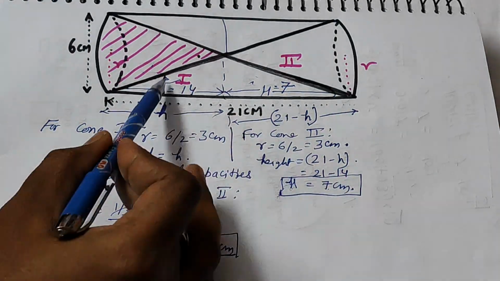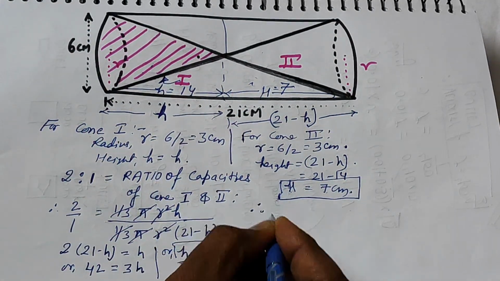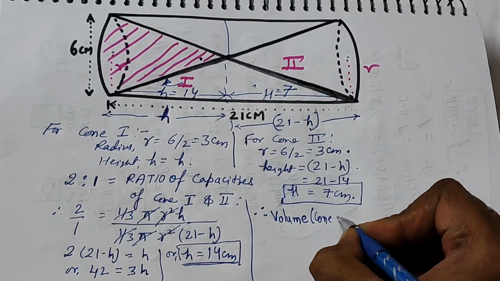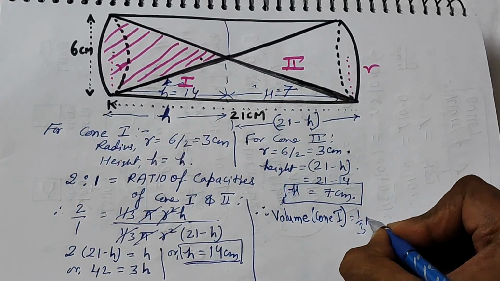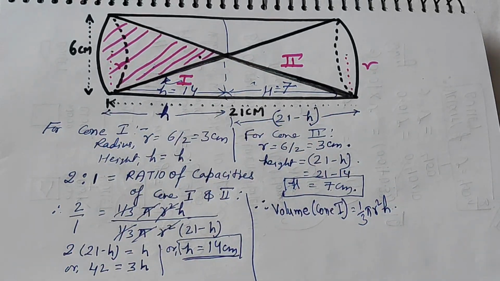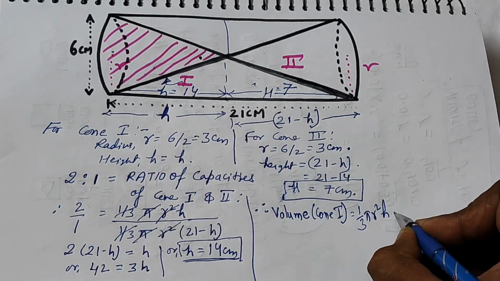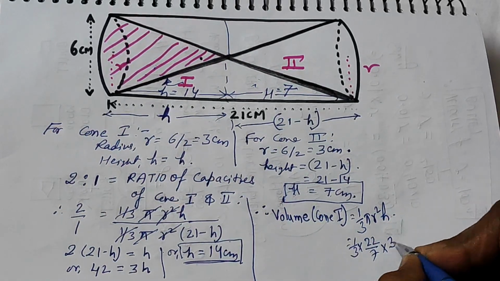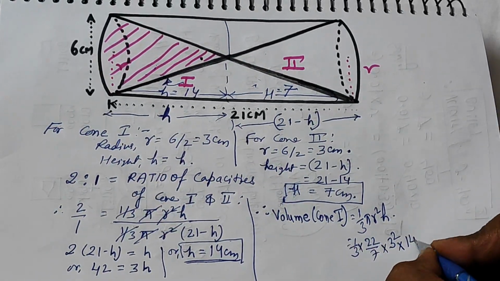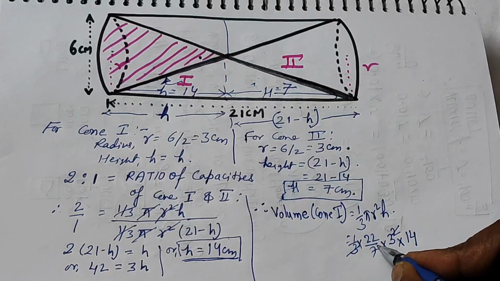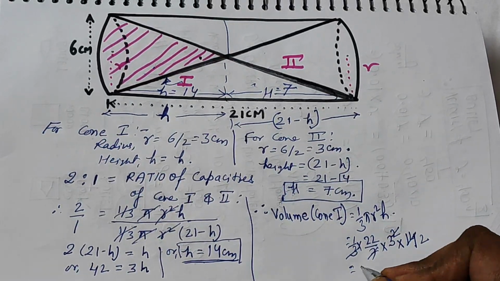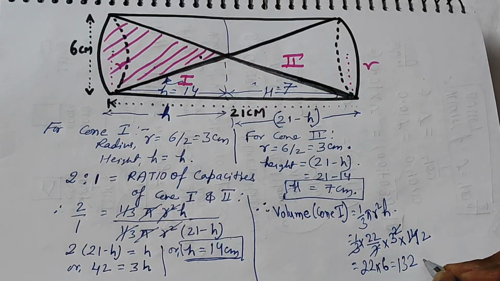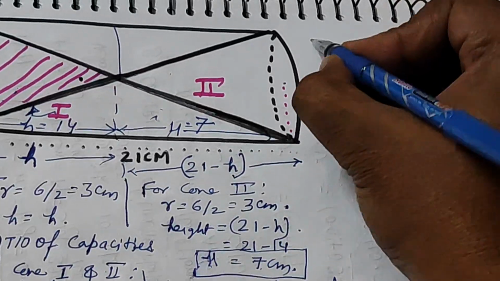Now we need to calculate the volume of these two cones. So volume of cone, what is the formula? We have already written over here earlier, 1 by 3 pi r²h. So 1 by 3 into pi will be 22 by 7, and radius will be 3, so 3 square into h, height will be 14 as we have calculated. So just put up the value to get volume of cone 1 as 132 centimeter cube.